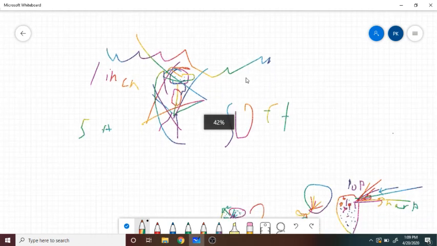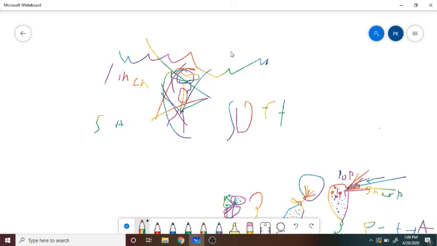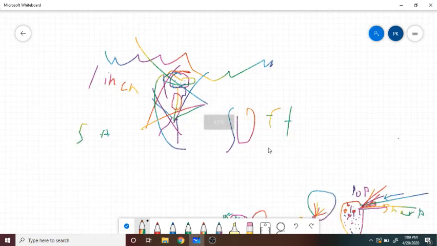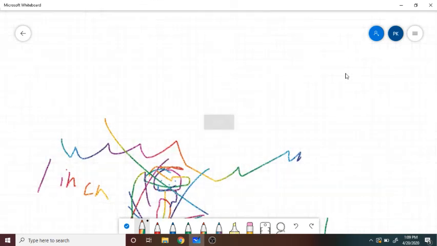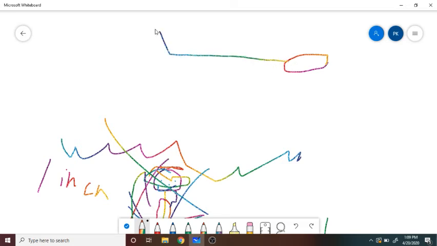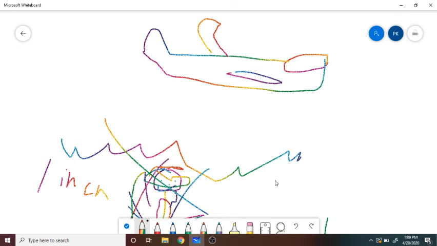Another example is air pressure. Whenever you're in an airplane, let me just draw an airplane here. Think of this as the wing, and there's a wing there.